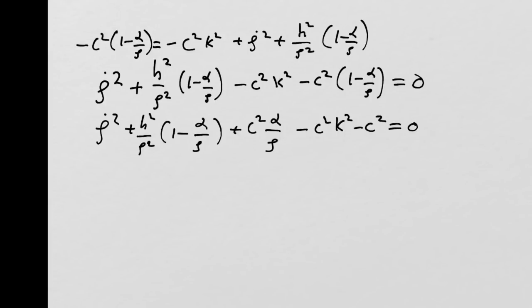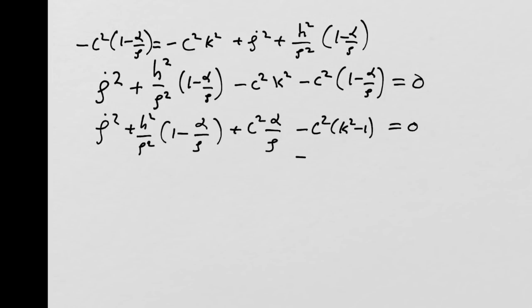And this part should just end up being minus c squared times kappa squared minus 1. So why don't I just do that?